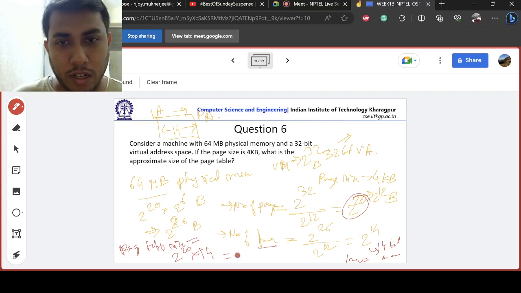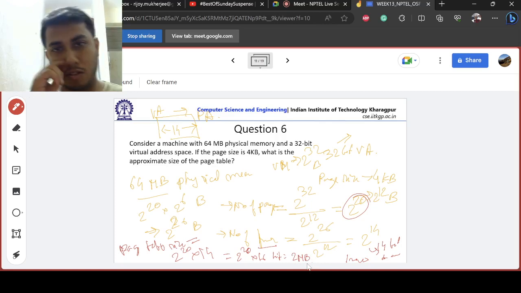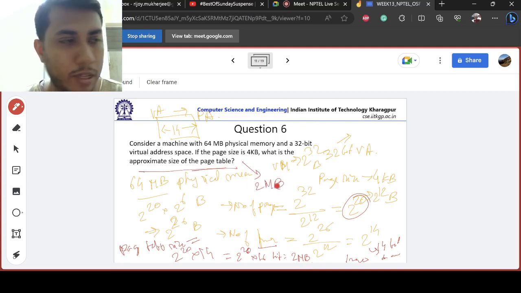So 14, we can approximate it to, let's say, 16 bits. That will be 2 bytes. So it will be 2 MB. So the approximate size of the page table will basically be 2 MB.